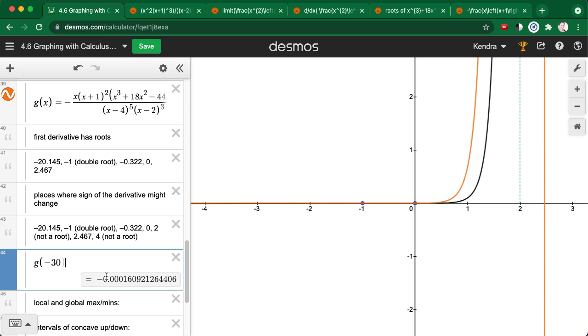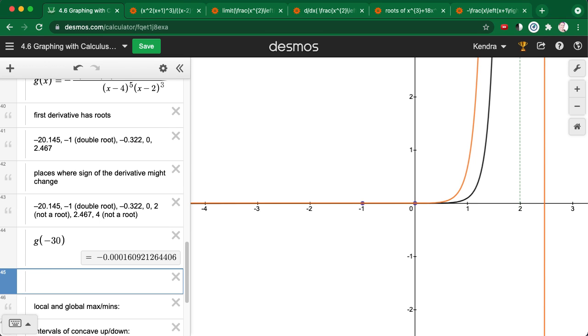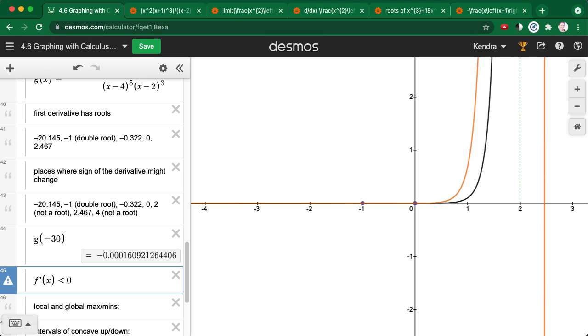negative 20.145. So f prime of x is negative for x less than negative 20.145. Okay.